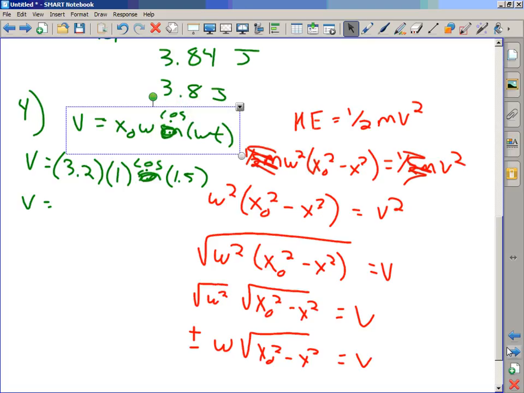Sine switches to cosine. If you look at your package, it's right below that sine equation. So this is 3.2 times cosine of 1.5, which should also give you the same velocity. Cosine 1.5. Questions?